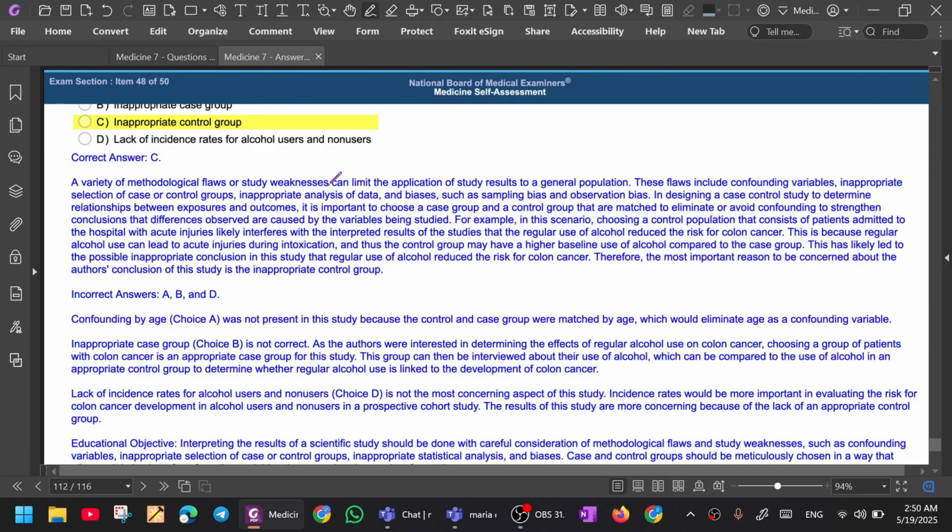This is because regular alcohol use can lead to acute injuries during intoxication, and thus the control group may have a higher baseline use of alcohol compared to the case group. This has likely led to an inappropriate conclusion in this study, that regular use of alcohol reduces the risk of colon cancer. Therefore, the most important reason to be concerned about the author's conclusion is the inappropriate control group. Okay.